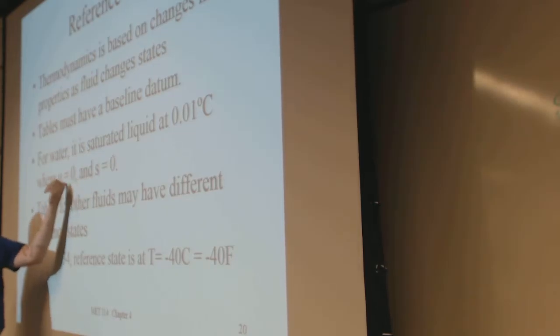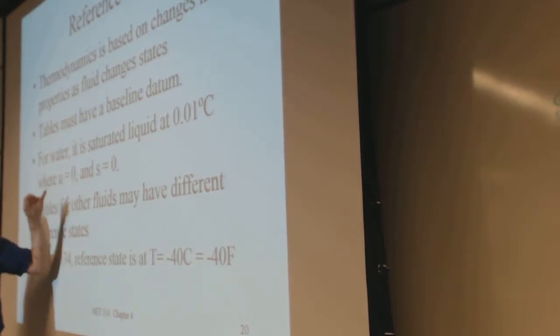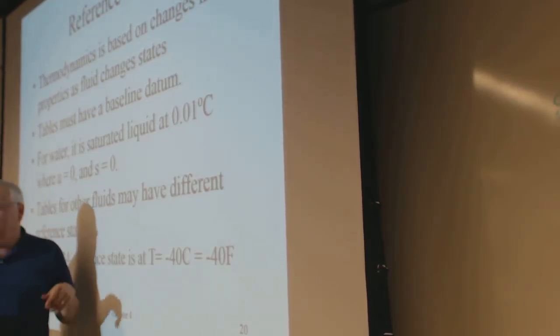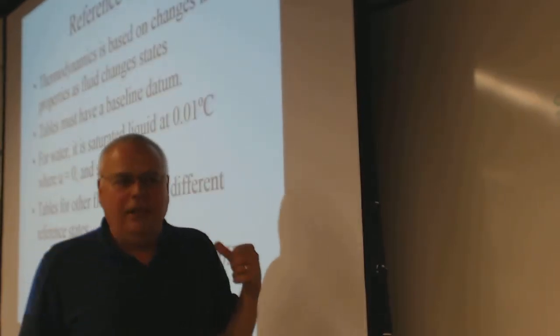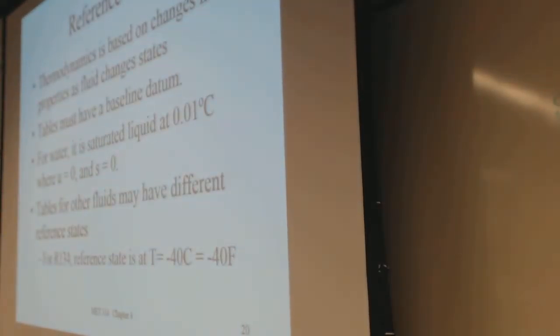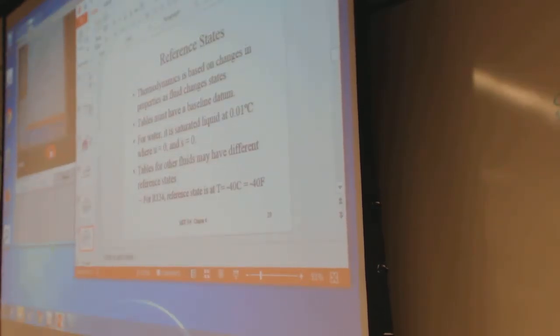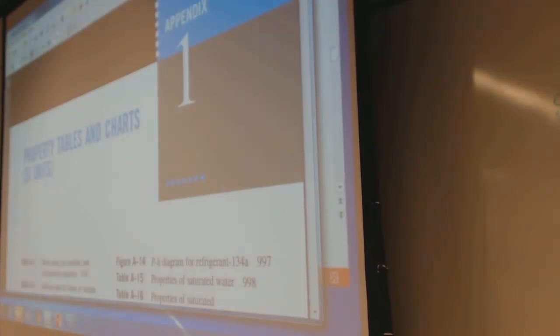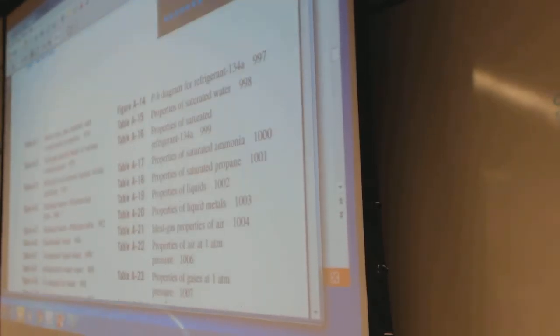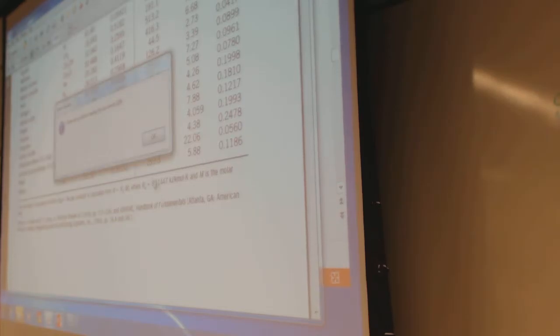And really, this one is all about the internal energy, which we don't really care about. But if we look at the tables, which we'll do now, there's a bunch of properties.